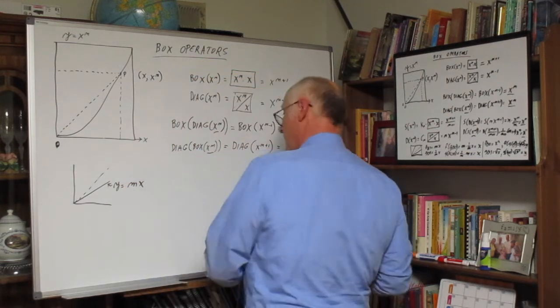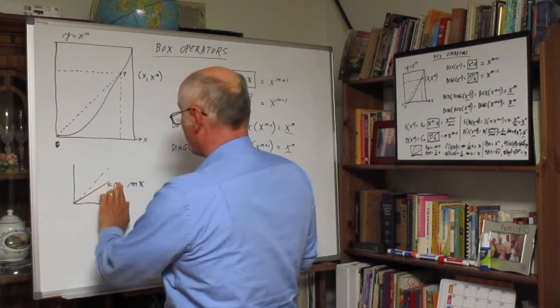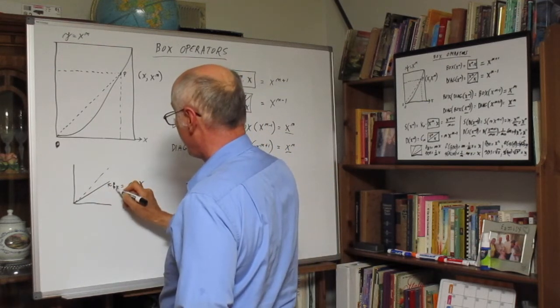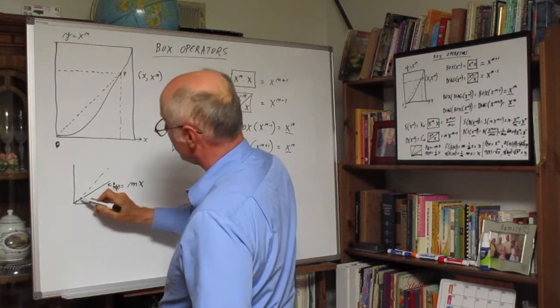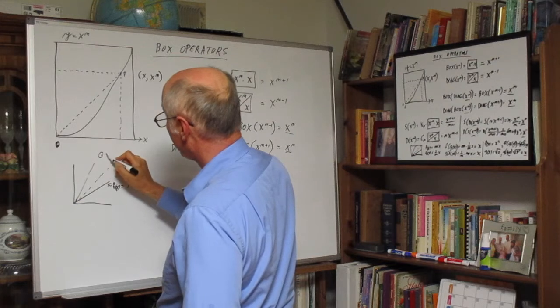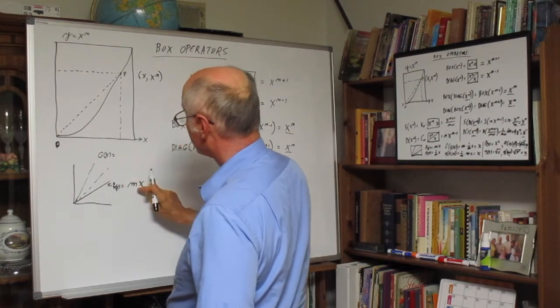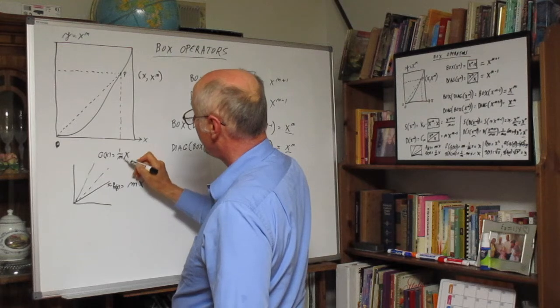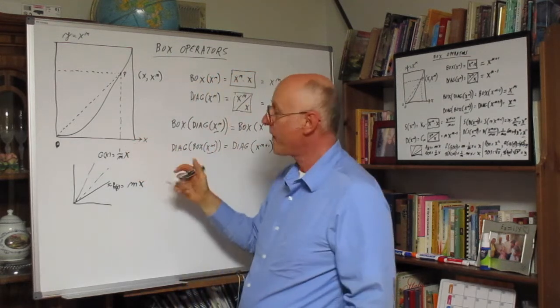Or f of x equals mx. And then let's say you have another function called g of x equals, instead of mx, it'll be 1 over m times x. See that inverse?